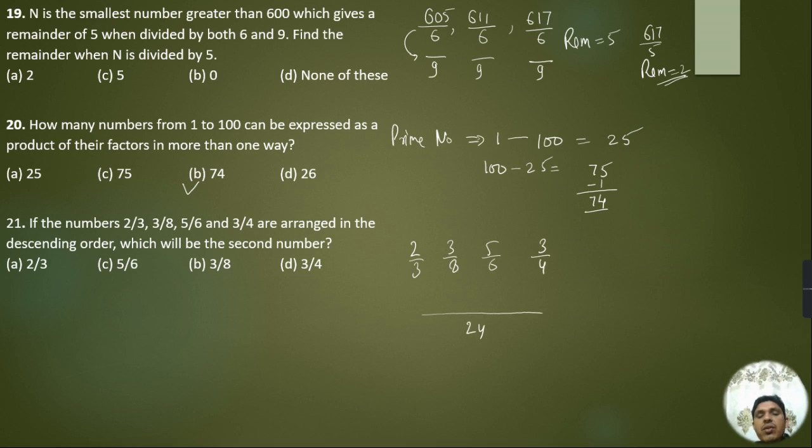LCM will be 24, and find the numerators: 16, 9, 20 and 18. If we write all the numbers in descending order, that means bigger to smaller, which will be the second number? 18 by 24 will be the second number. Hence the answer of this question will be 3 by 4.